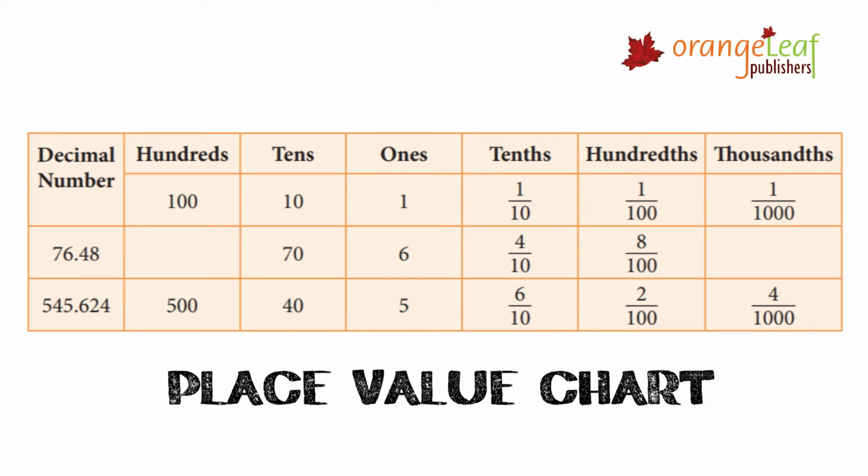In the ones place, we have 6. Once we cross the decimal point, in the tenths place, we have 4, which can be written as 4 by 10. And in the hundredths place, we have 8, which can be written as 8 by 100.